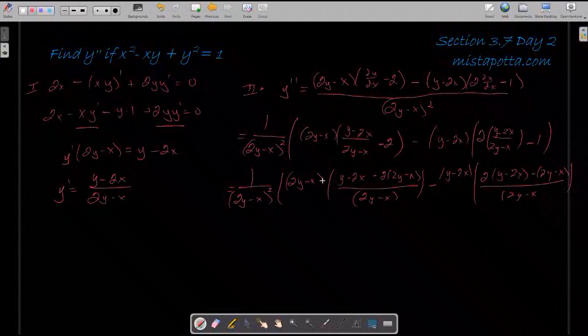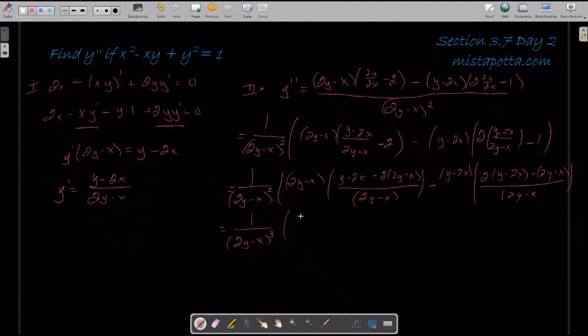And I notice that because I have this common denominator term, I really can factor that out, and so this outside denominator becomes 2y minus x quantity cubed.